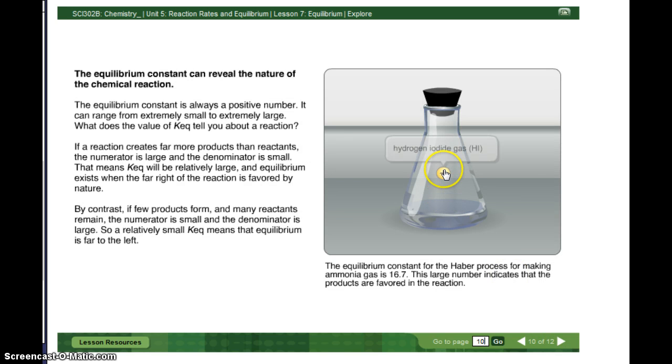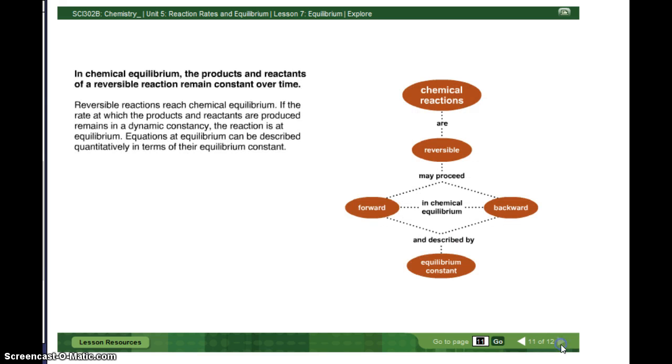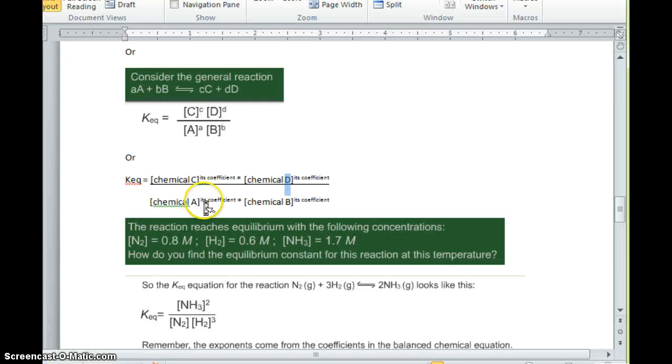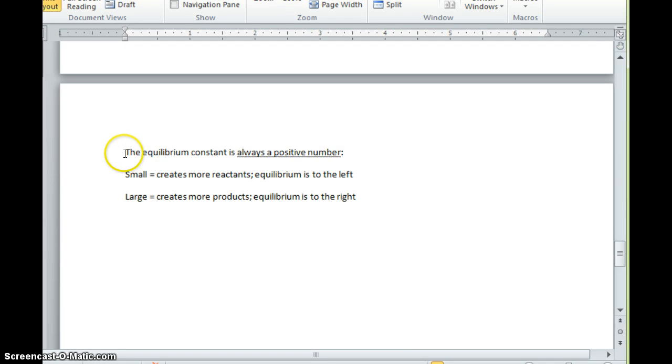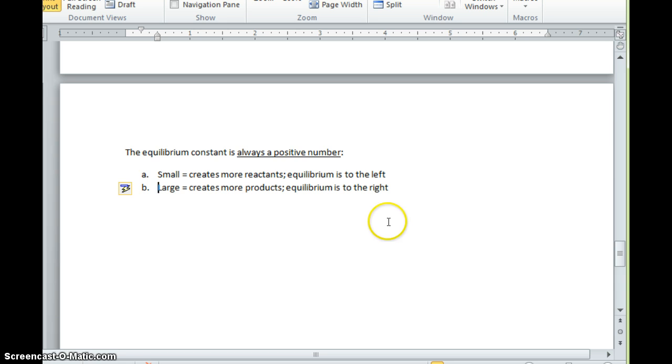Alright, before we go on, I just put in my notes: the equilibrium constant is always a positive number. If it's small, it creates more reactants, so equilibrium is to the left. If it's large, it creates more products. Equilibrium is to the right.